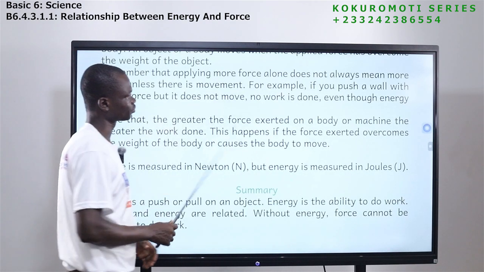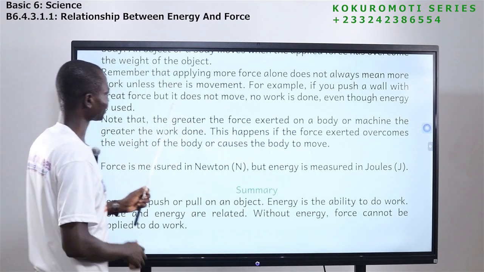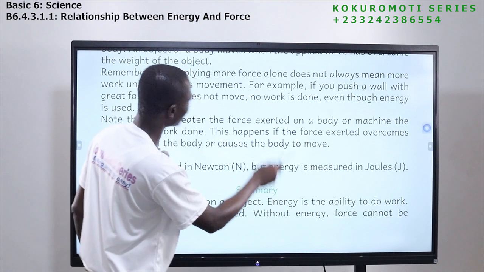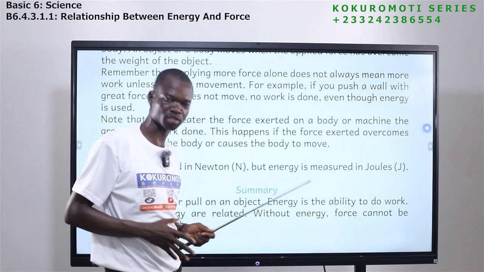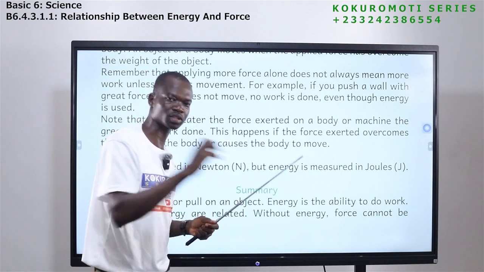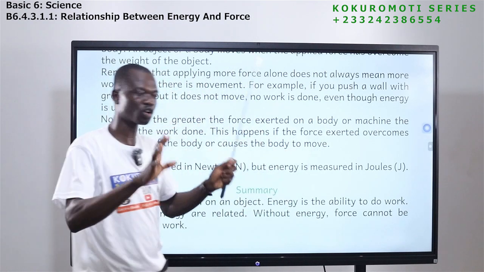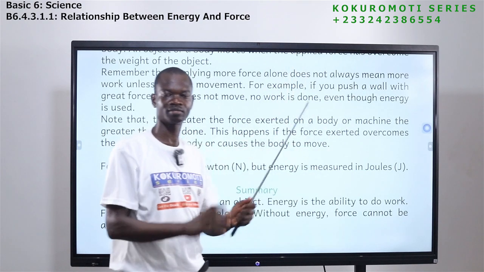For example, if you push a wall with a great force but it does not move, no work is done, even though energy is used. So we use energy to apply force. Now you have applied force, you have pushed the wall with all the energy that you have, with all the force that you can apply, but the wall is not moving.